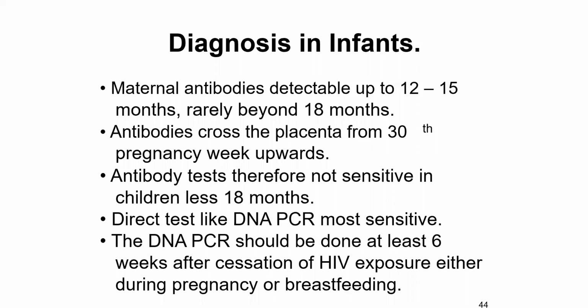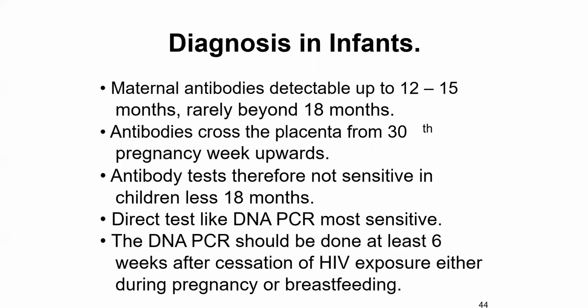Then this is very important. I'll not go into detail on how we diagnose HIV in infants. In infants, remember, the first critical thing to understand is that antibodies, any antibodies, cross from the mother to the child, so that the child is protected from infections.